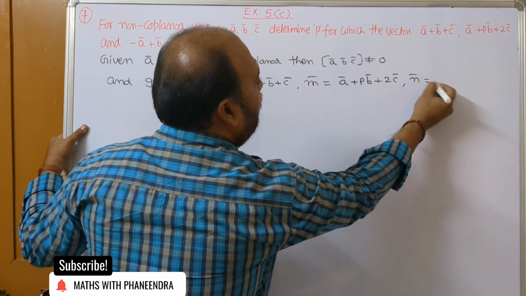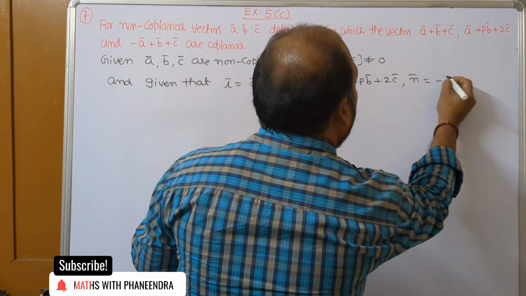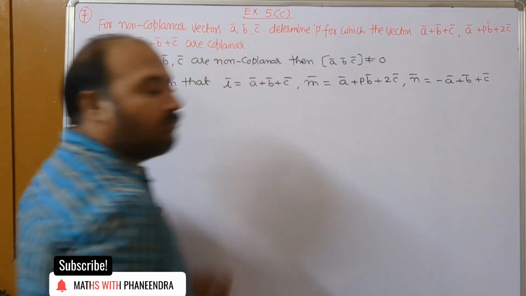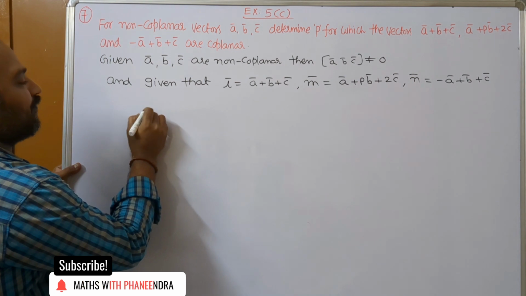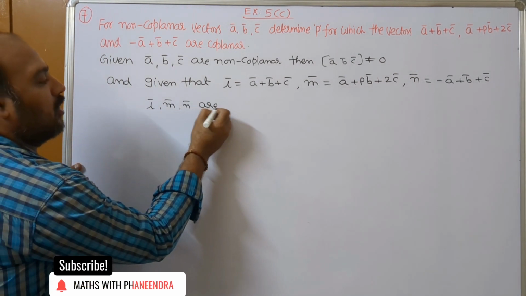And n bar equal to minus a bar plus b bar plus c bar. These vectors l bar, m bar, n bar are coplanar.